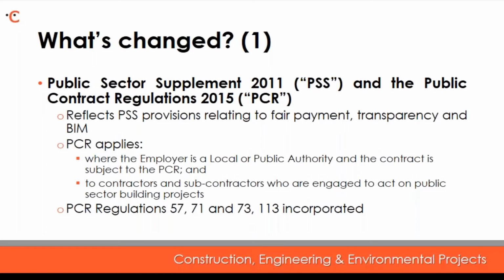So Regulation 113 relates to prompt payment. This regulation requires that employers pay valued and undisputed invoices within a 30-day period. There is also a requirement to ensure that invoices are considered and verified in a timely fashion.